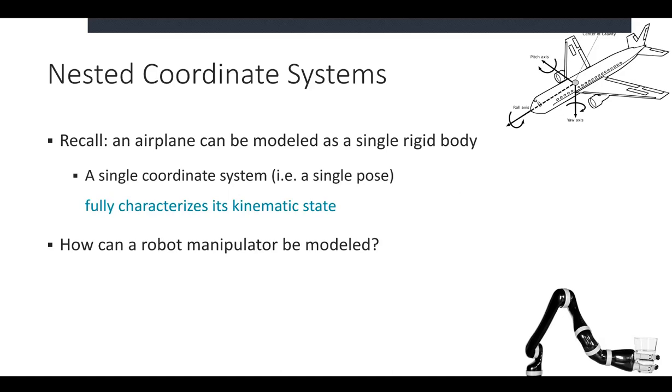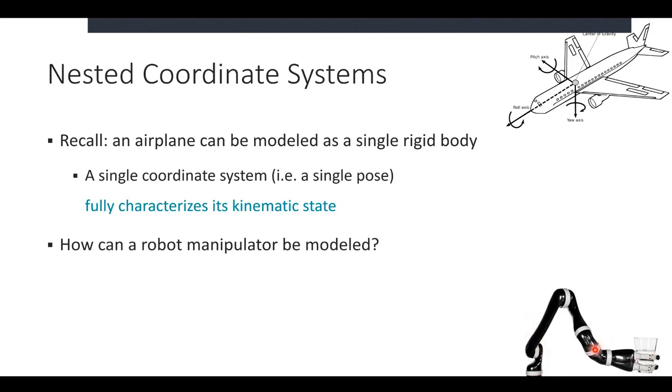And so when we're talking about a robot, each one of these segments is a link, and the links are connected by joints. And so I'm going to end up with this nested coordinate system where each one of my links is going to have a joint at the end of it. And I'm going to need to then express the next link in terms of the previous one's coordinate system.